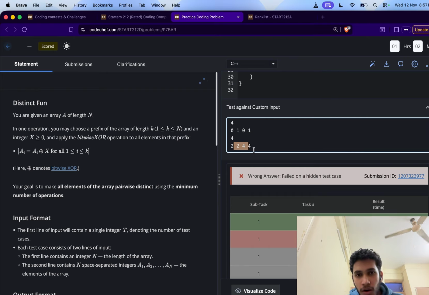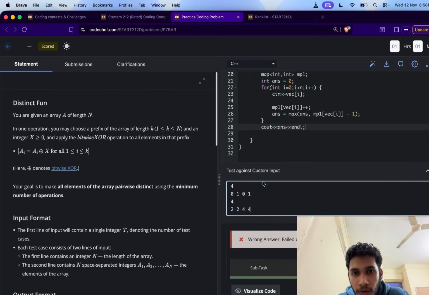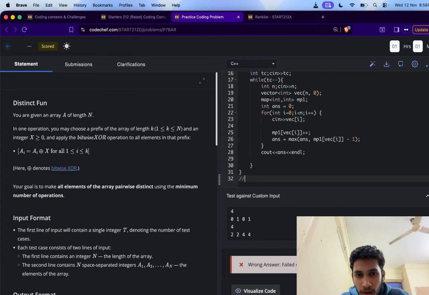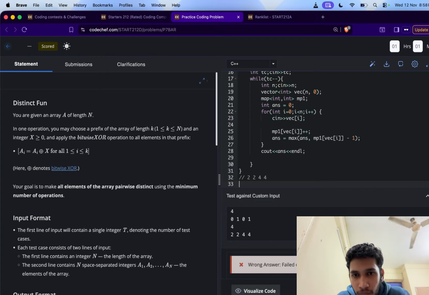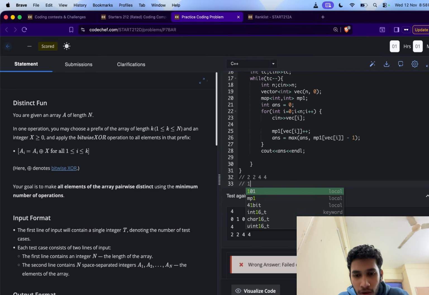Then what do our numbers transform to? They transform to 10, 10, 14, 4.